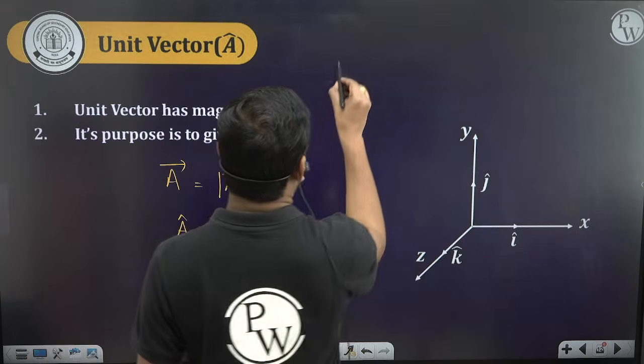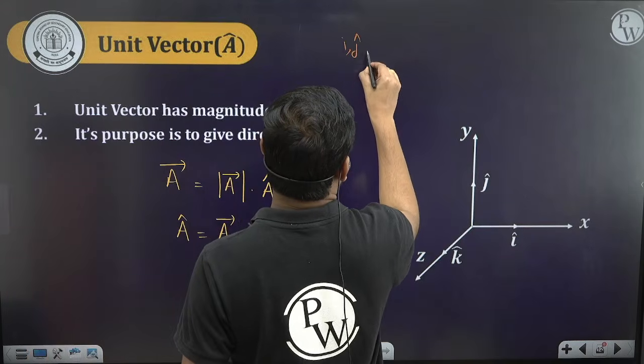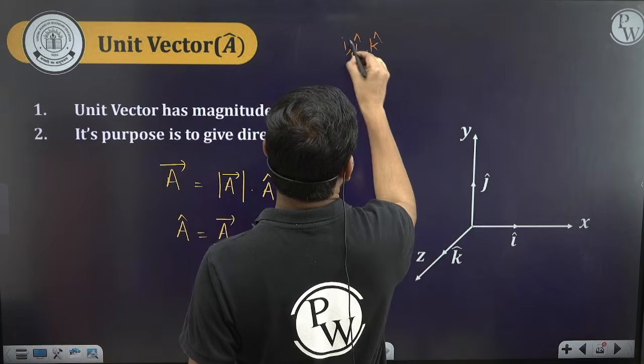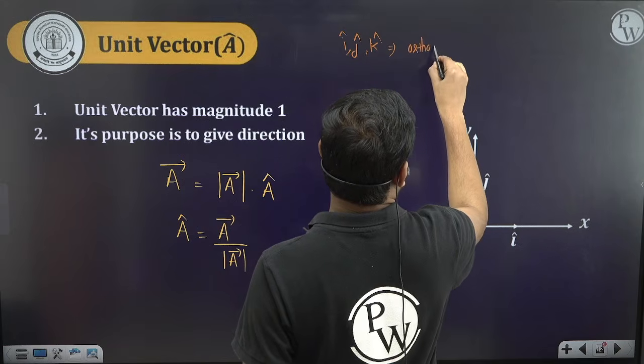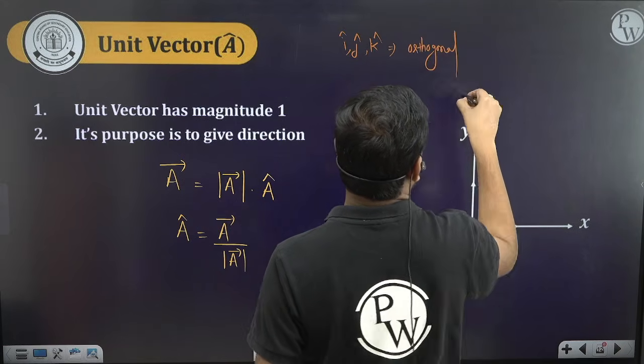They are i, j, k. These are the three orthogonal unit vectors.